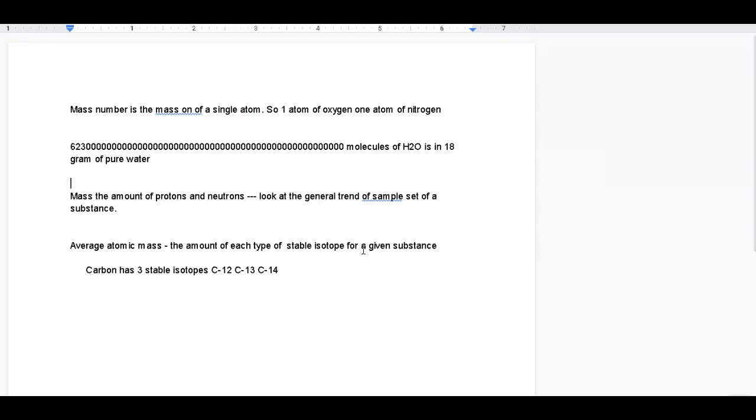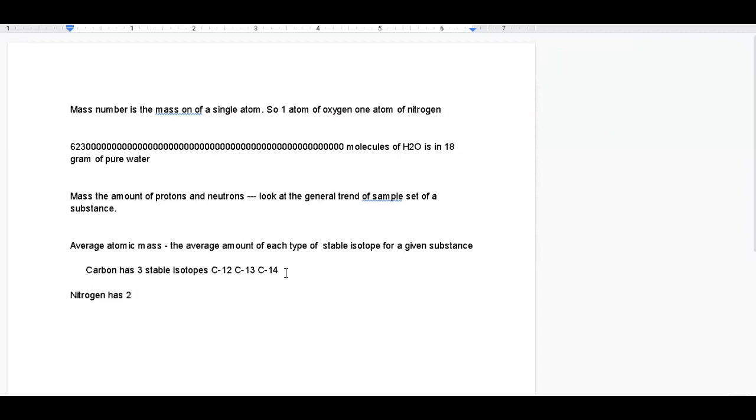Okay, so what we're trying to find is this average atomic mass. It's the average amount of each type of stable isotope for a given substance. So carbon has 3, nitrogen has, I think, 2.